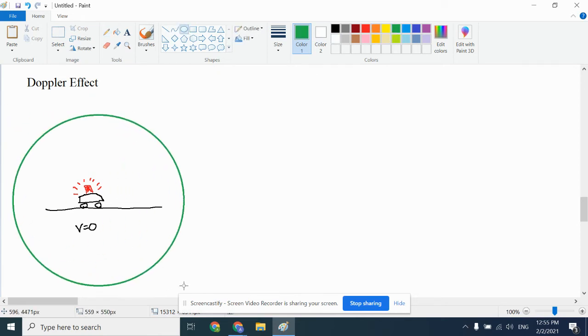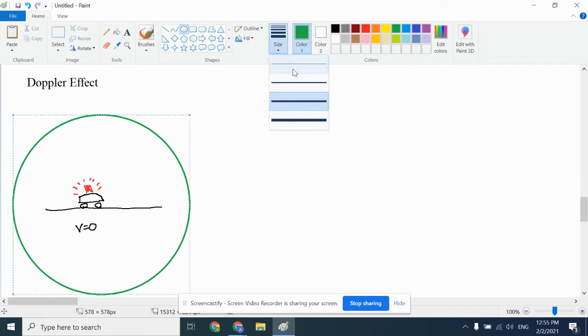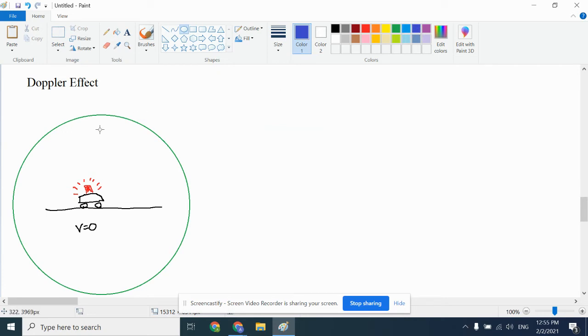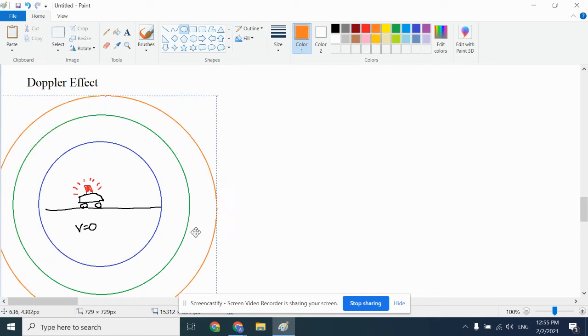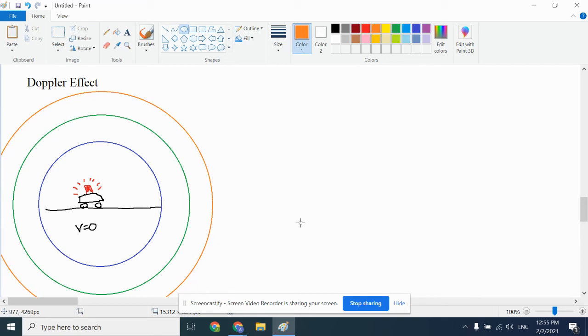Well, the cop car is continuously generating sound waves. So here's a sound wave, here's a sound wave, and here's one more big sound wave. Okay? And these sound waves are equidistant.